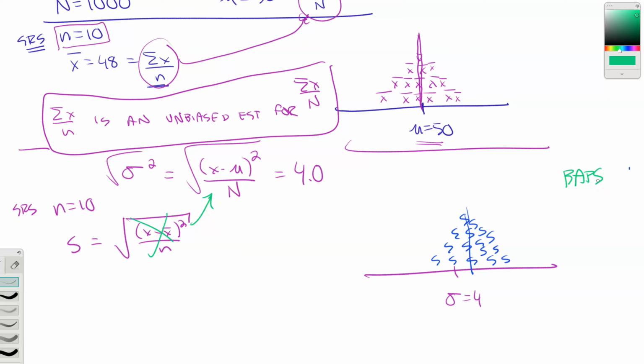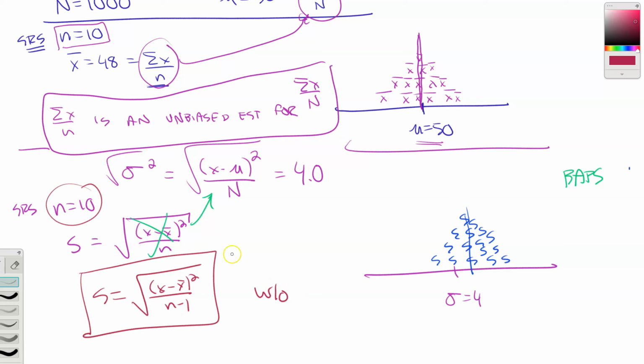Okay, so they had to fix it. Statisticians had to fix it, and they found that fixing it involved just one little modification to this thing. You just divide by n minus 1 if you sample without replacement. And usually we sample without replacement. So now that means this one is an unbiased estimator of that one.